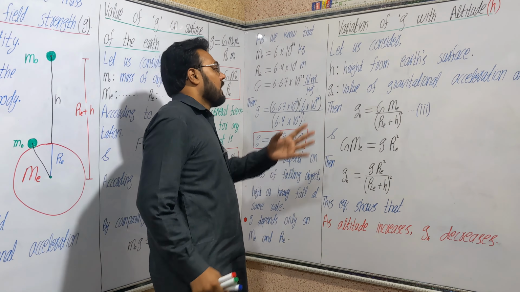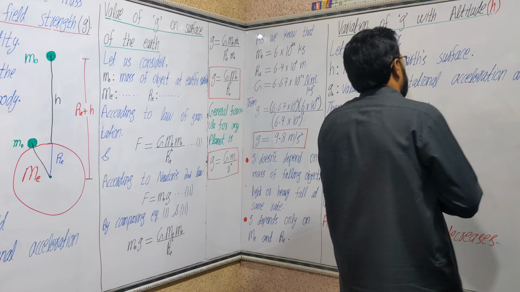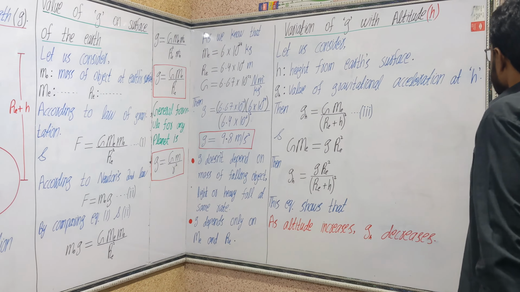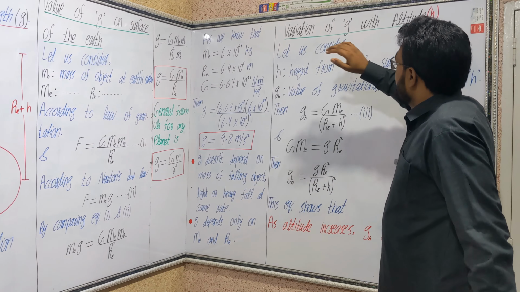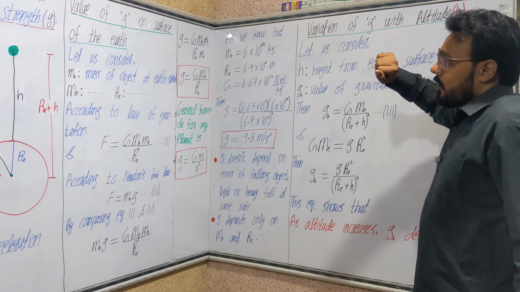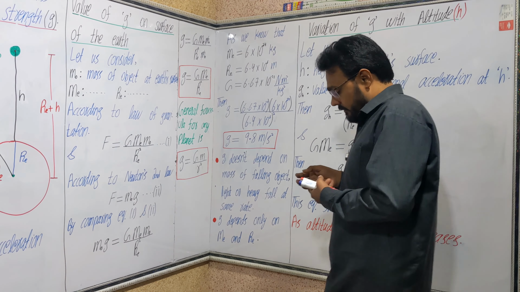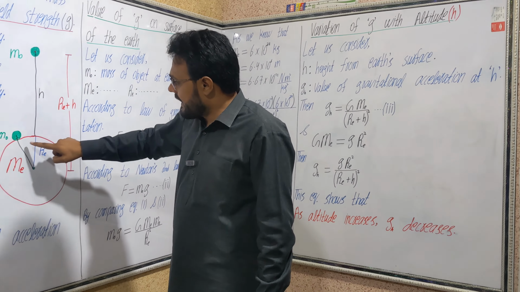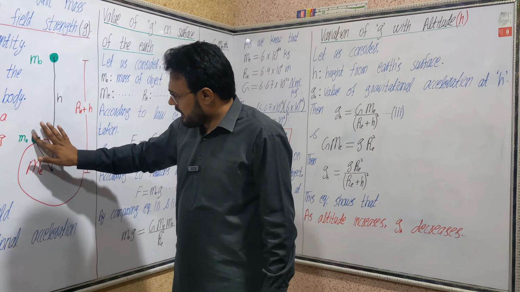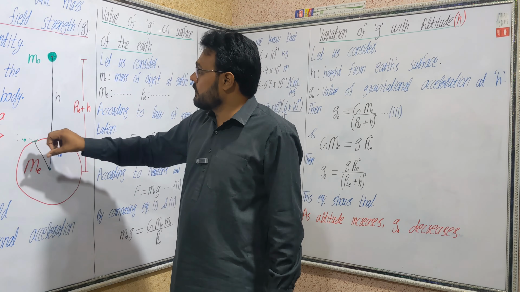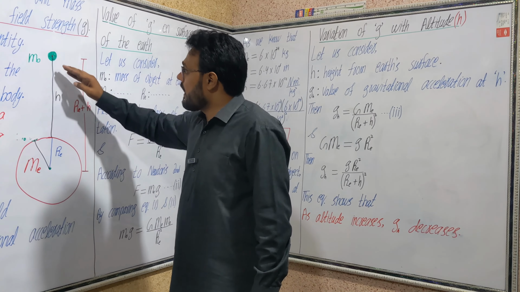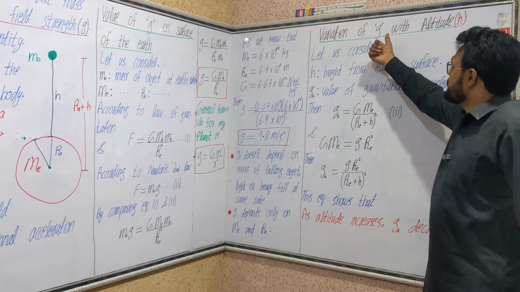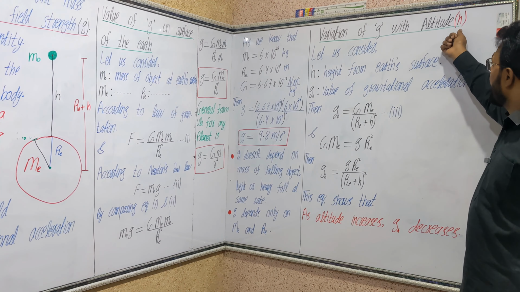Now, the variation of g with altitude or with height. First we find the value of g at the surface of the Earth. Now we will find the value of g at some height. Variation of g with altitude. Altitude means height.